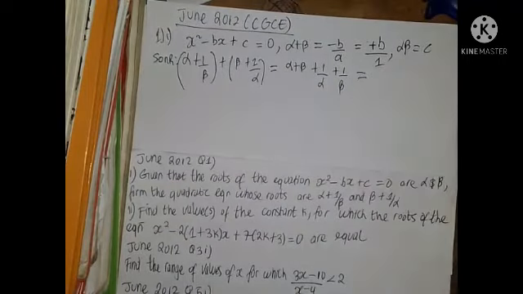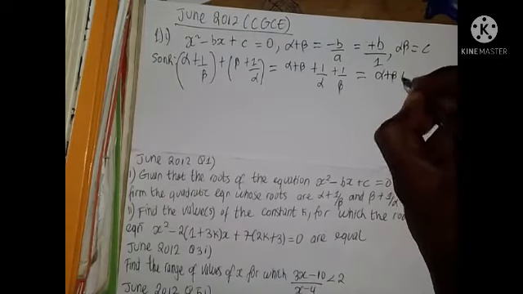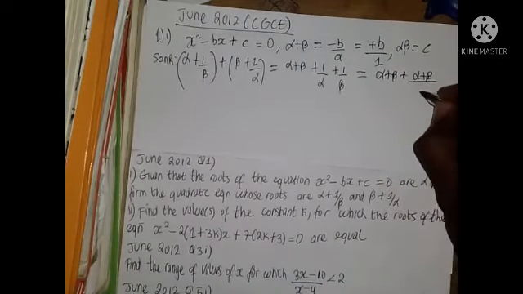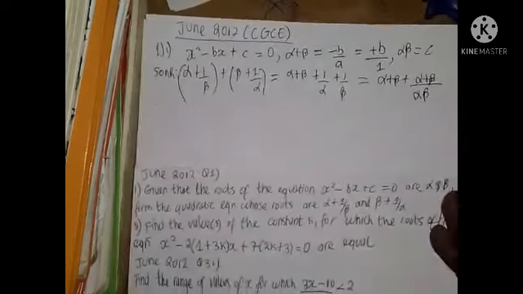So this will be equal to alpha plus beta plus alpha plus beta divided by alpha beta, after simplification, of course. Now we already have the values alpha plus beta and alpha times beta, so just about substituting everything here.